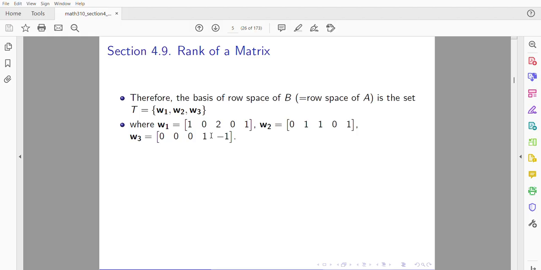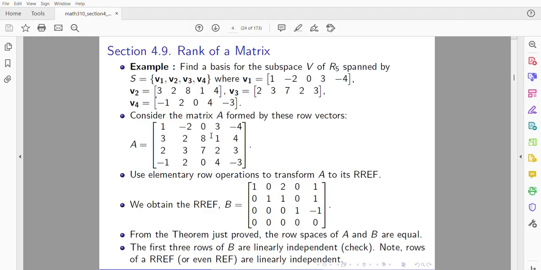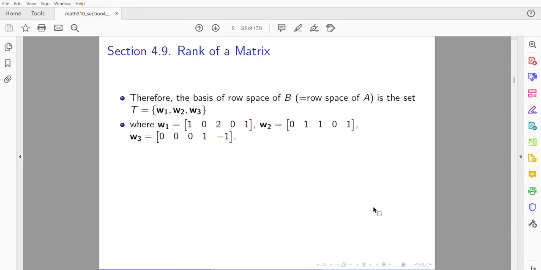What are these W1, W2, W3? That is W1, that is W2, and that is W3. So B has these 3 non-zero rows, therefore they span.